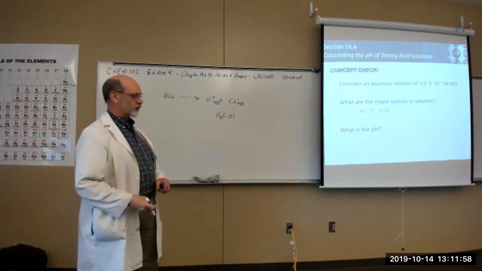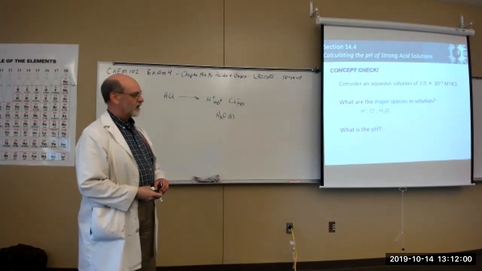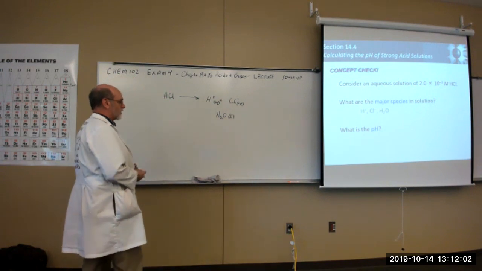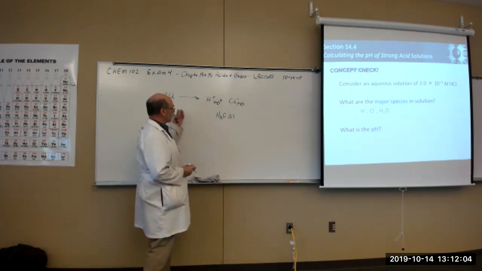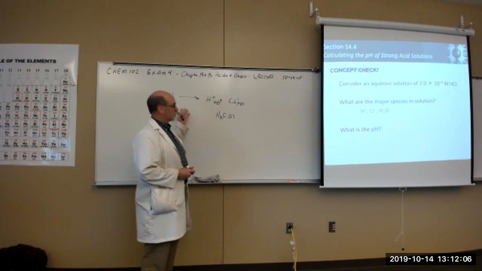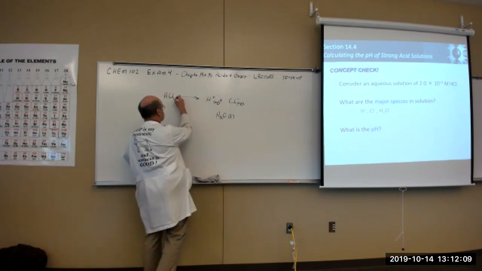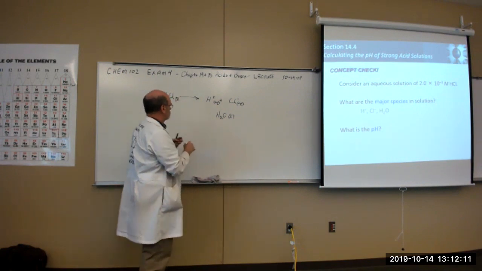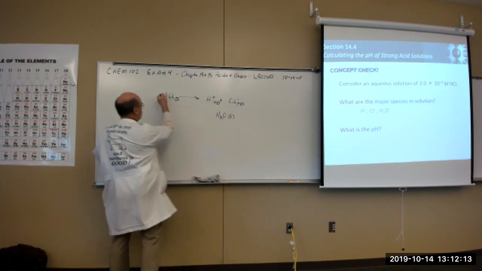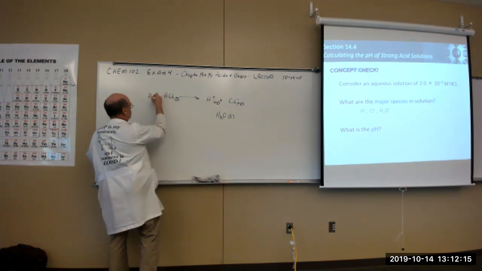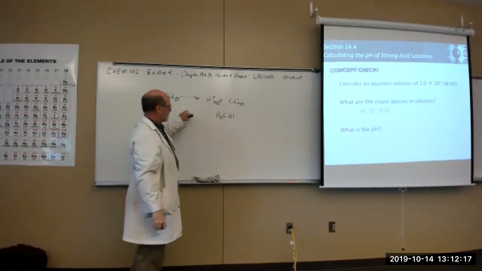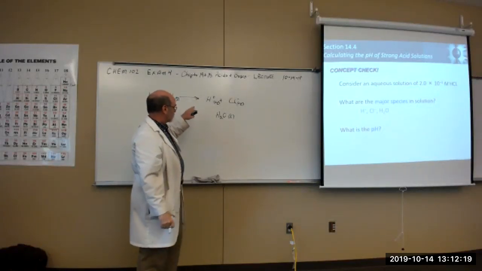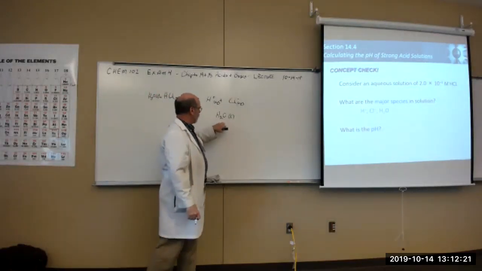So you have those three. So now what's the pH? Well, we know that this reaction is going to completion. Say we're going to dissolve that gas in water. And I guess we need water here too. So we have these species and that water.